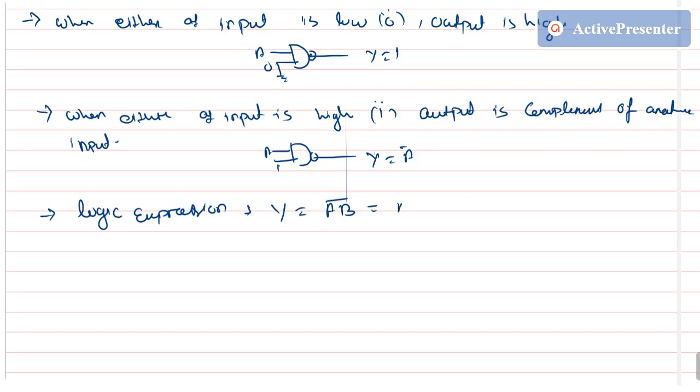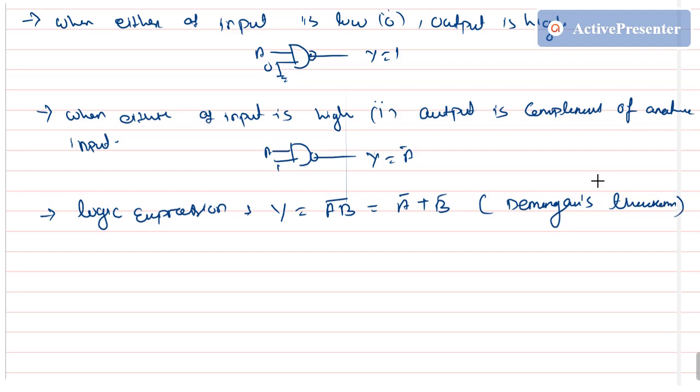So that equals A bar plus B bar, and again this comes from De Morgan's theorem. Probably in the next class I will cover De Morgan's theorem. Okay.